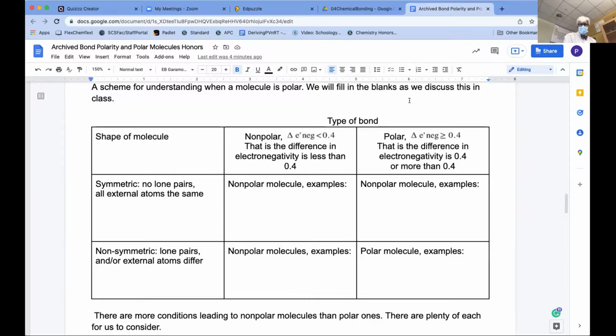What do you see in the column where the bonds are nonpolar? I see two boxes. The first box says nonpolar molecule. The second box says nonpolar molecule. What do I need to be a polar molecule? I need two things. I need a polar bond and I need something that's uneven in its shape.